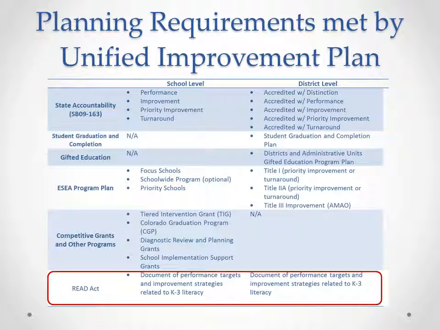Addenda forms are available for many of these programs to help schools and districts ensure that they have met federal and state reporting requirements through their Unified Improvement Plans.